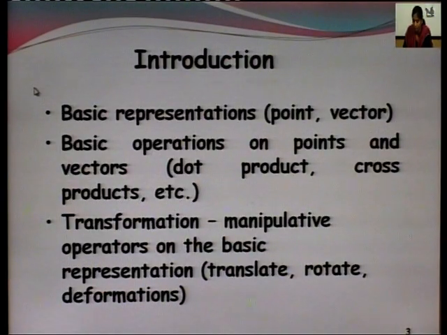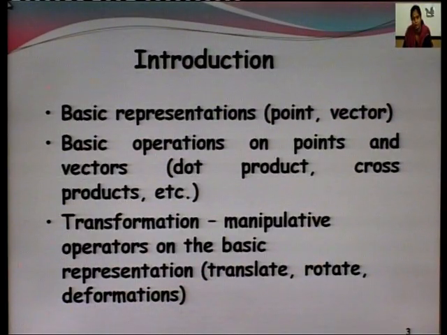On the other extreme, if we are using a vector display, we can describe a picture as a set of basic geometric structures such as straight line segments, polygon, circle, ellipse, etc. And the basic operations that are performed on points and vectors are dot product and cross product. Once the picture is described, that pixel array is loaded into the frame buffer, or scan conversion is used to draw the basic geometric structures on the display.